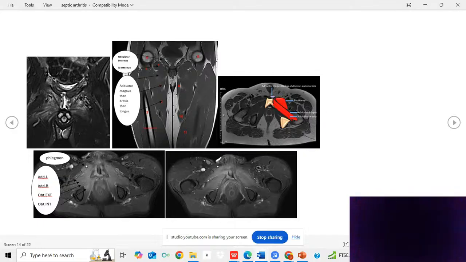So widening of the symphysis pubis with intra-articular fluid.